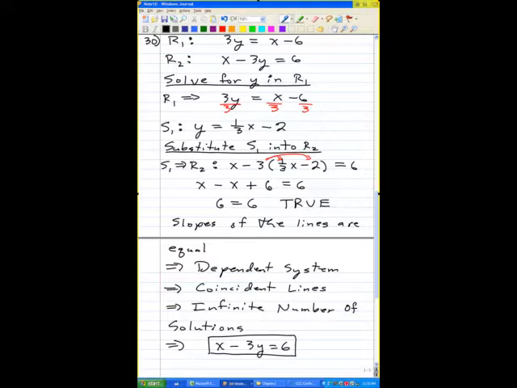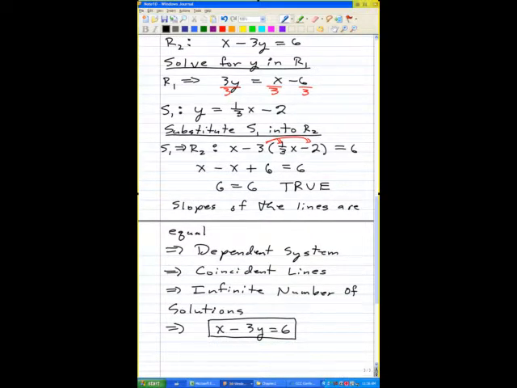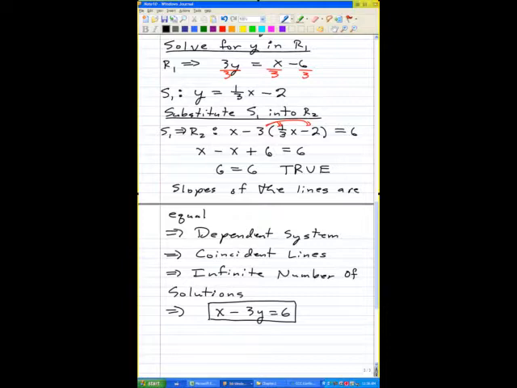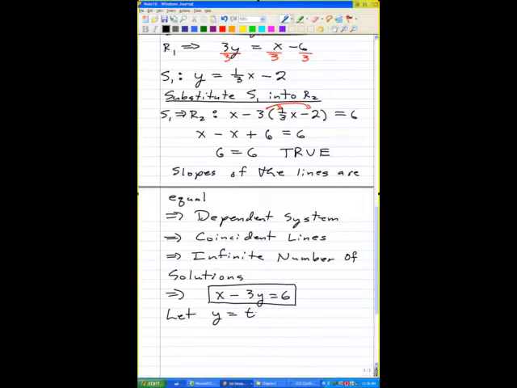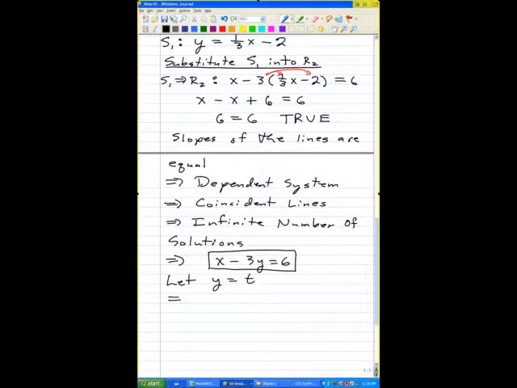Or if I want to write it as a system of, say, a one-parameter family of solutions, I can do the following. I could say, well, let's say y equal t. Then x minus 3y, which is t, is equal to 6.